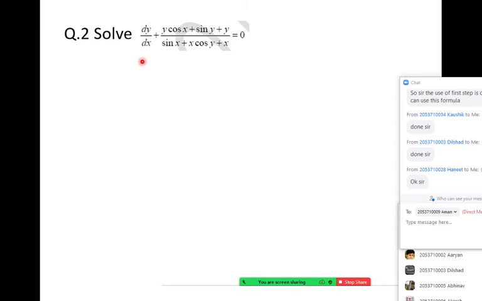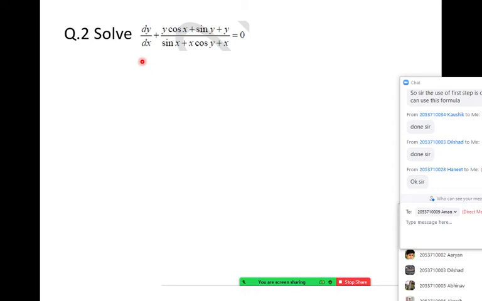First, you should check whether it is exact. Always you can try exact first. To write the values of M and N, you should convert it into the form M dx plus N dy equal to 0.